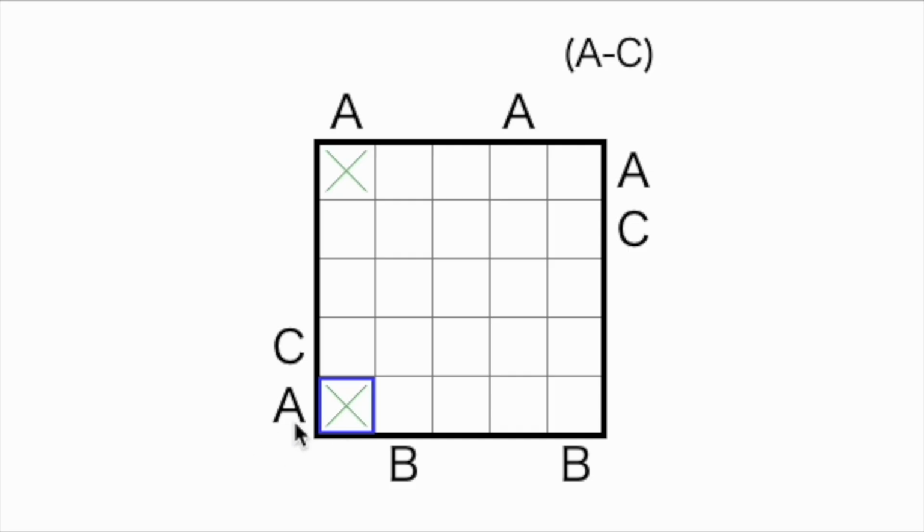It looks like I can do a little bit more work with this clue, because now the first place it can land, it can't be in this cell, we just proved. It also can't be in this cell, because that would break this B clue, because B would not be the first letter in this column from the bottom. So A must be at least here, and in fact that's the last place it can be.